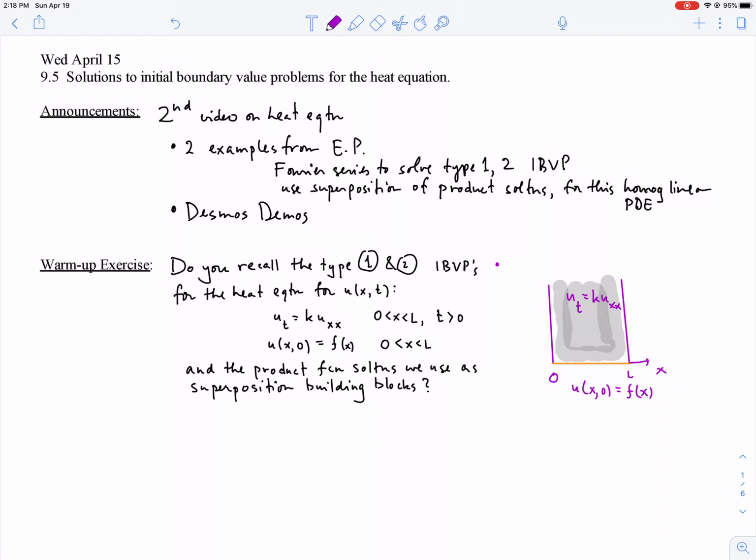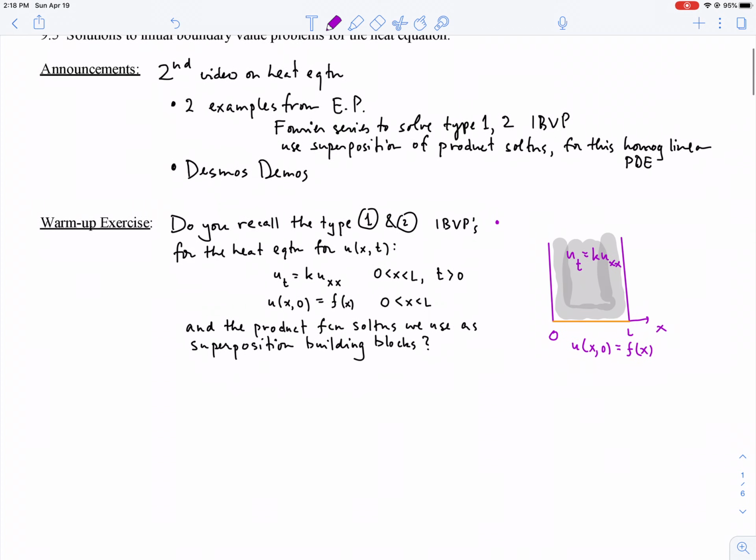And then the BV of the IBVPs is the boundary values, and those have to do with what happens on the endpoints of your rod when x equals 0 and x equals L.